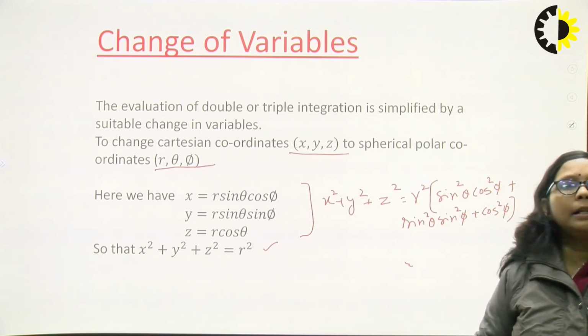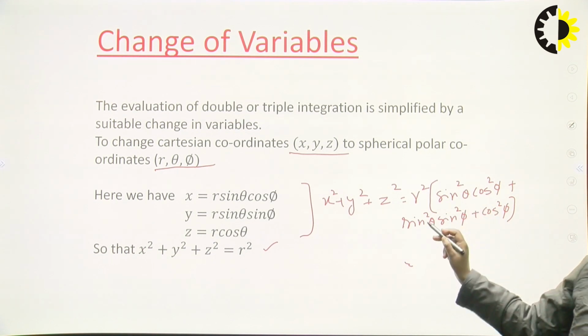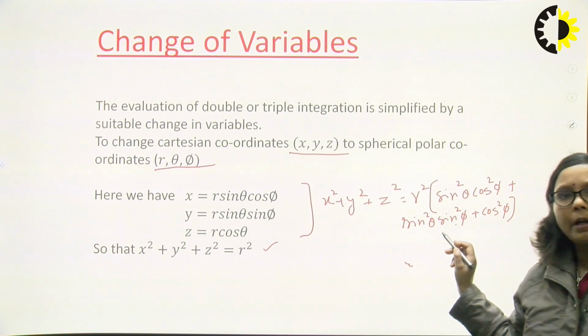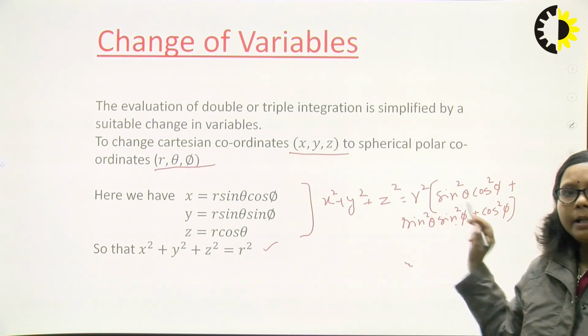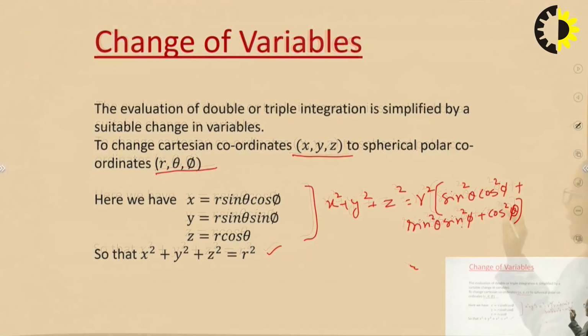By using the trigonometric identities, I can take sine square theta common. So cos square phi plus sine square phi will be 1. And then sine square theta plus cos square theta will be equal to 1, giving the value x square plus y square plus z square equal to r square.